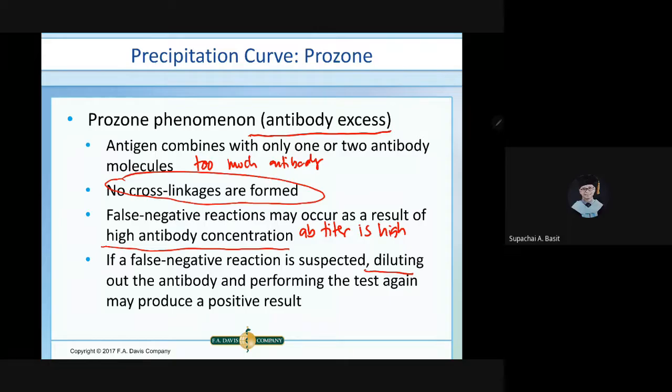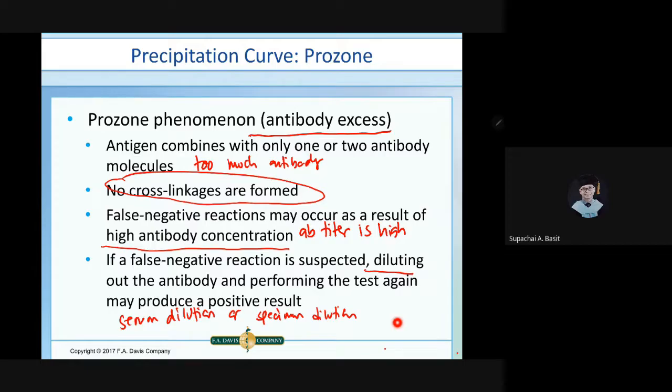To resolve a false negative reaction, diluting out the antibody and performing the test again may produce a positive result. So serum dilution or specimen dilution, not necessarily serum, would be the solution to prevent the prozone phenomenon.